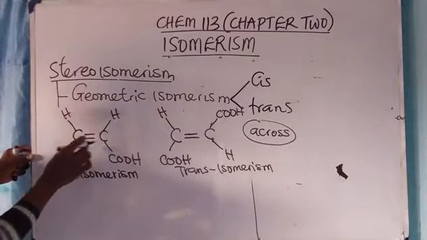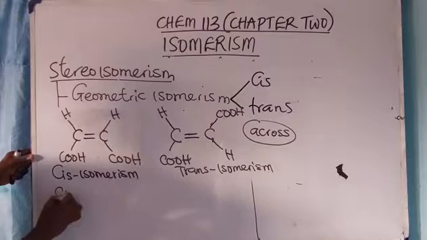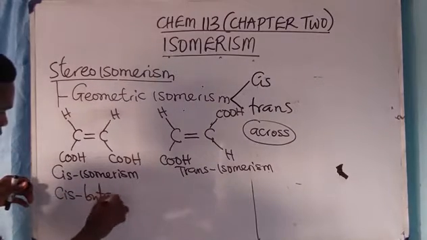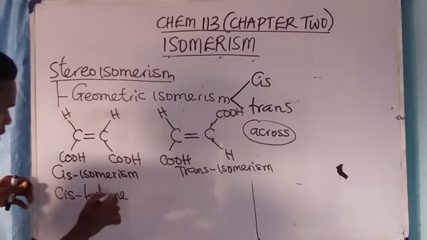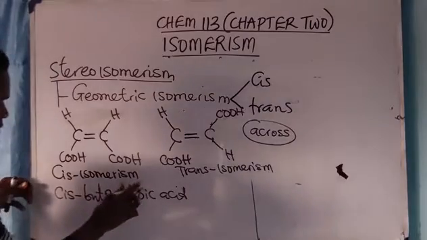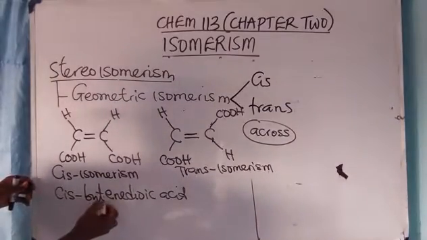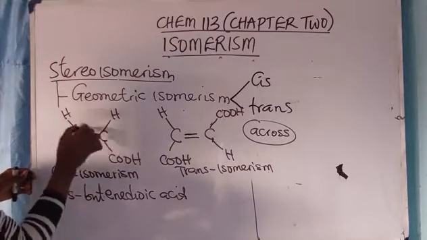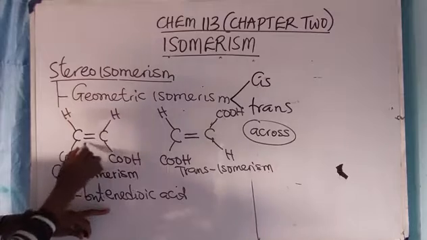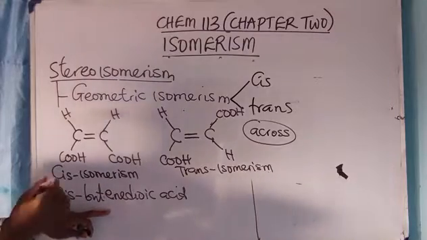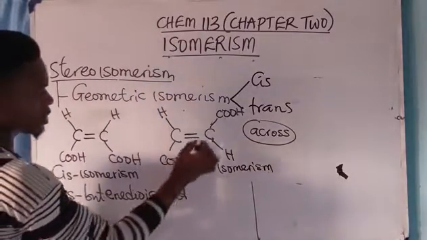Now this type of isomerism is called what? Cis butene dioic acid, that is 1, 2, 3, 4. Butene, because of what? This double bond. Dioic acid, because of these two functional groups of the carboxylic acid. This one is also the same thing.